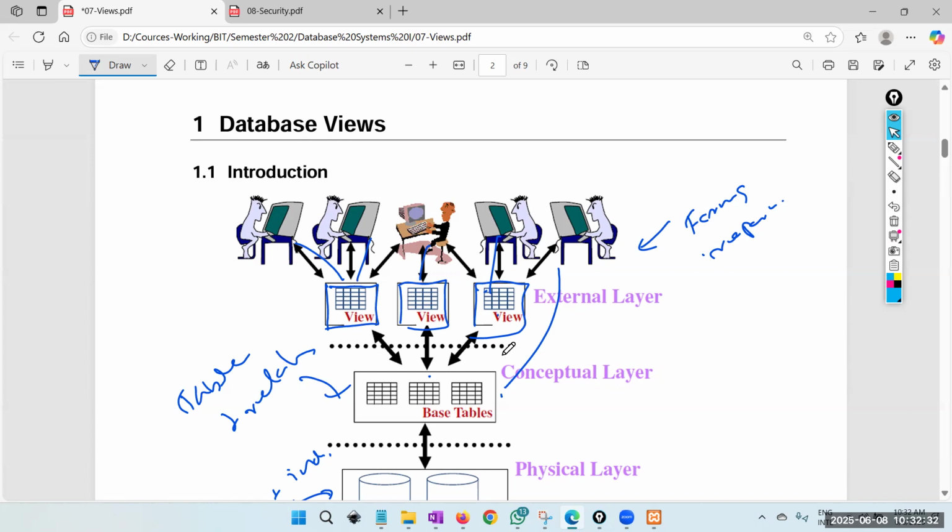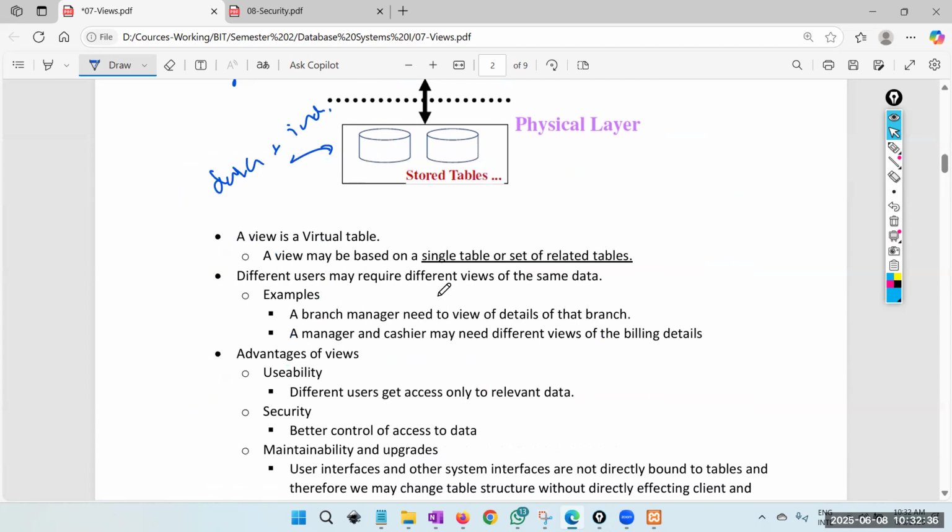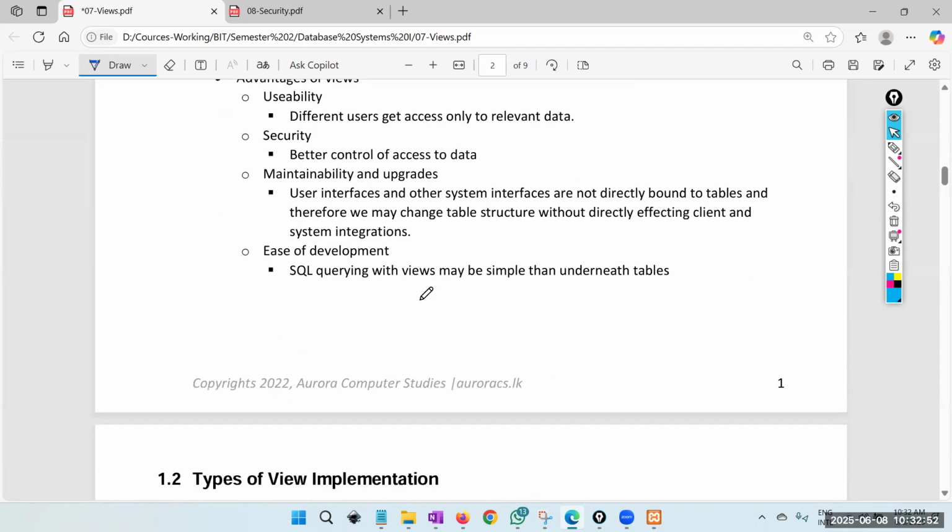So therefore, there's a security aspect also. Okay. So it makes it easier for securing things, and also easier to connect to the UI and other business functionalities. But underneath views, there are actual tables. Okay, if it is not clear, let me know. Okay.